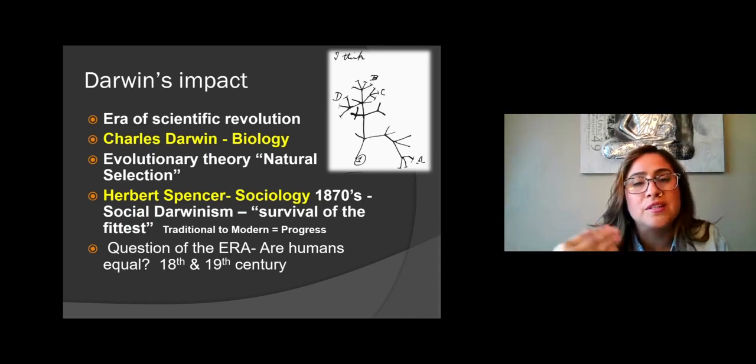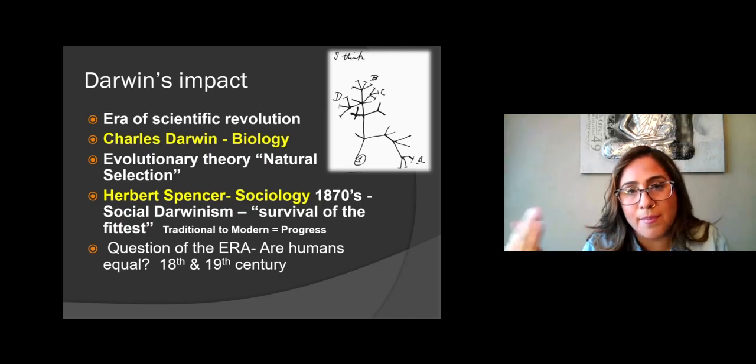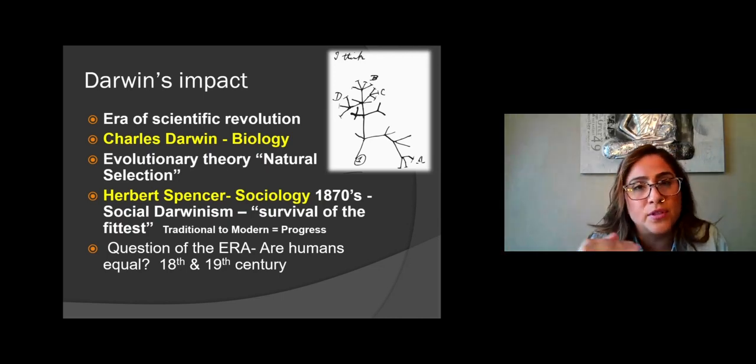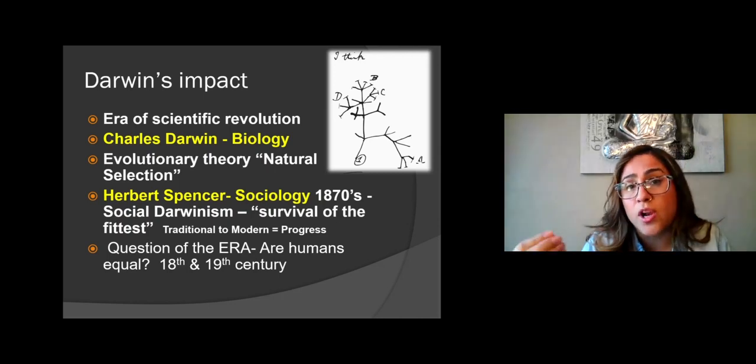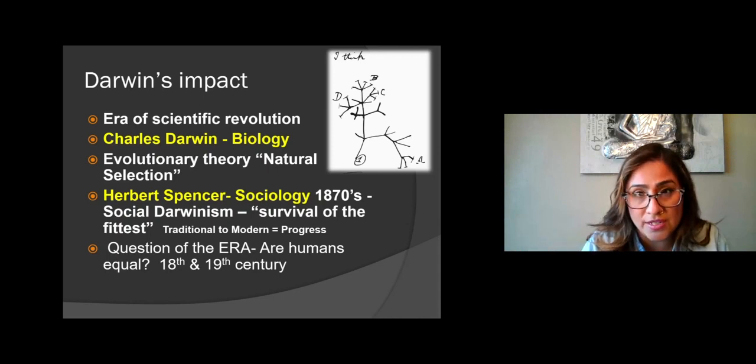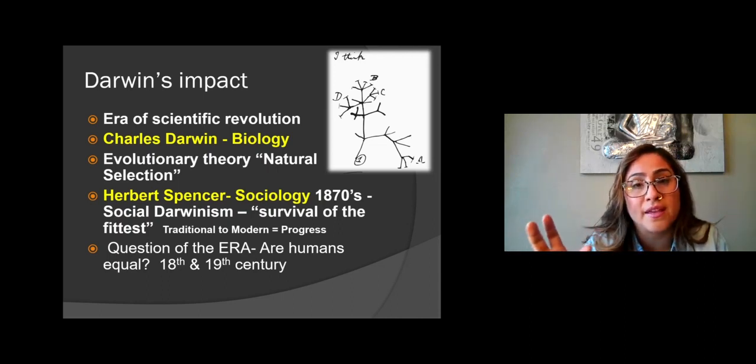And therefore, to explain why we have different economic classes, different social classes, this is explained using science: those that work harder are thus more intelligent and are able to survive. So this is where the phrase comes from: survival of the fittest.